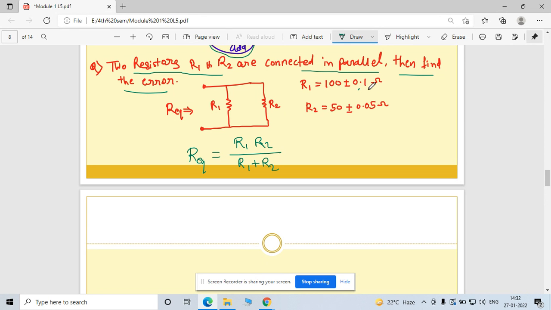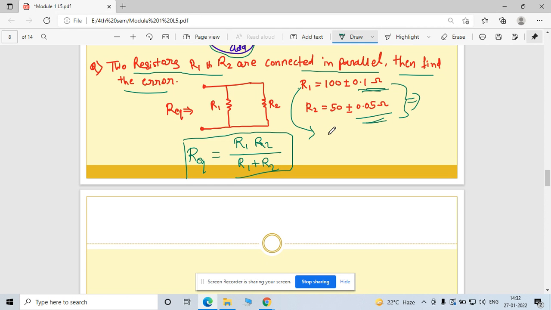In addition or subtraction, you don't have any trouble. But here multiplication is also there in your R equivalent. So you need to convert that scale into the percentage error. This absolute error you need to convert into the percentage error.